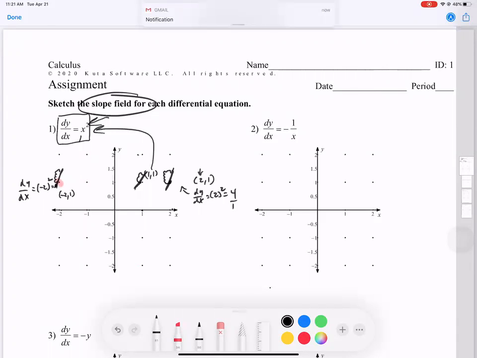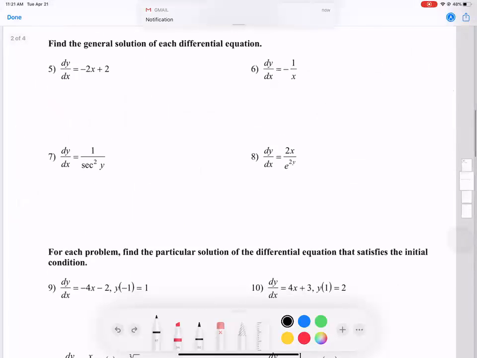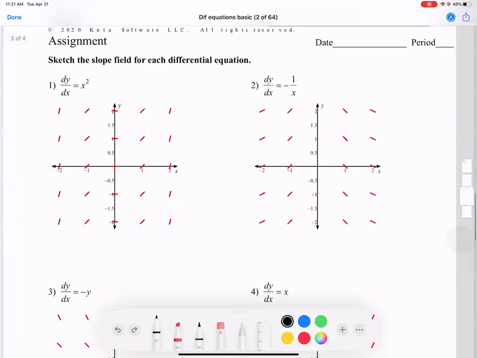I'm going to jump down to the answers real quick. If you look here, this is the graph we end up with. Every point gets its own little mini line, and this mini line is just a graph of its slope at that point. We mentioned before that dy over dx was 4, so it should be pretty darn sharp.